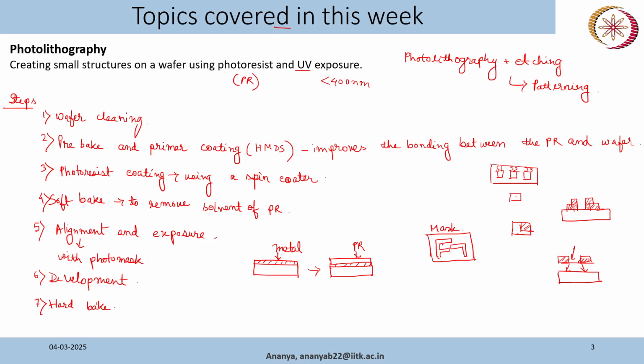Okay, now if you are using a positive photoresist, then this mask here, this portion will be dark. Okay, this is the top view of the mask. Now you will use this mask and you will do photolithography.